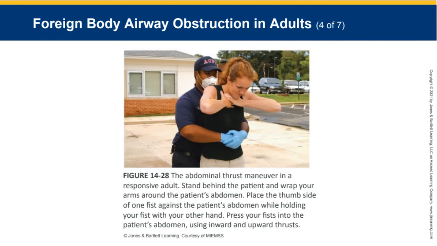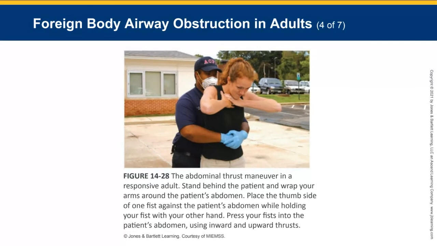The abdominal thrust maneuver in a responsive adult: stand behind the patient, wrap your arms around the patient's abdomen, place the thumb side of one fist against the patient's abdomen while holding your fist. With your other hand, press your fist into the patient's abdomen using an inward and upward thrust.